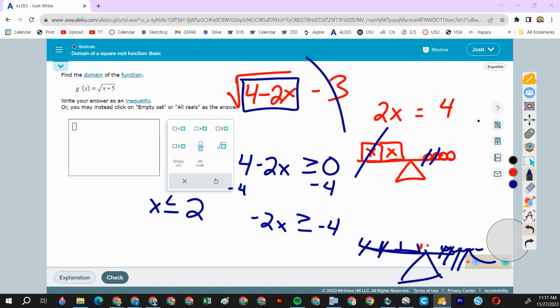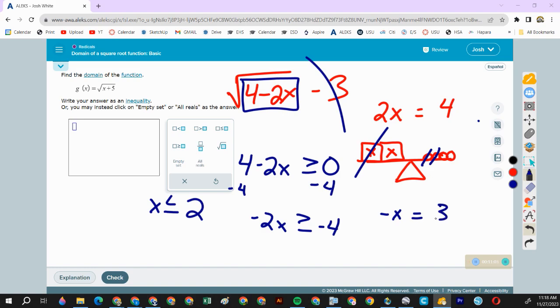Okay. What if I had negative x equals 3? So I have an x balloon pulling up that is equal to, let's do -3.